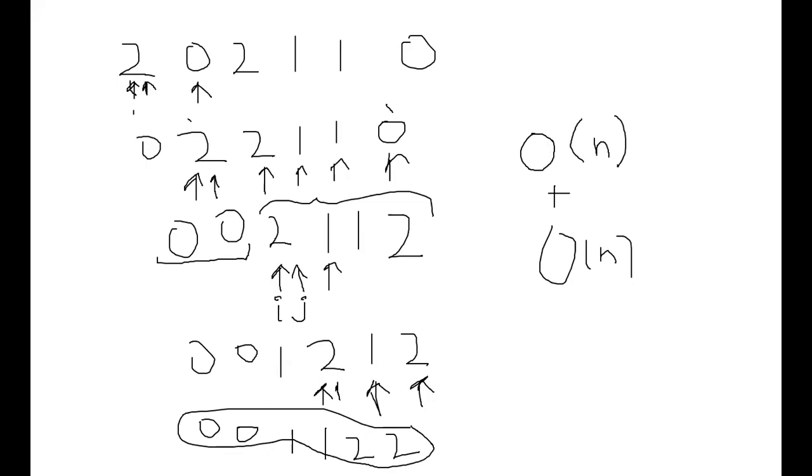When you iterate the whole array, if you see the 2, you swap with the last color. If you see the 0, you swap with the first color. If you see 1, you keep it stay.